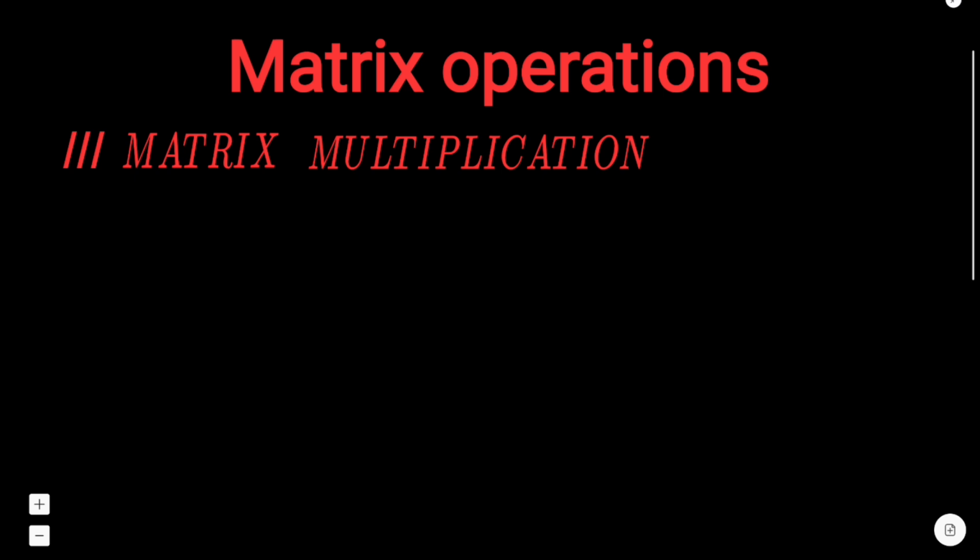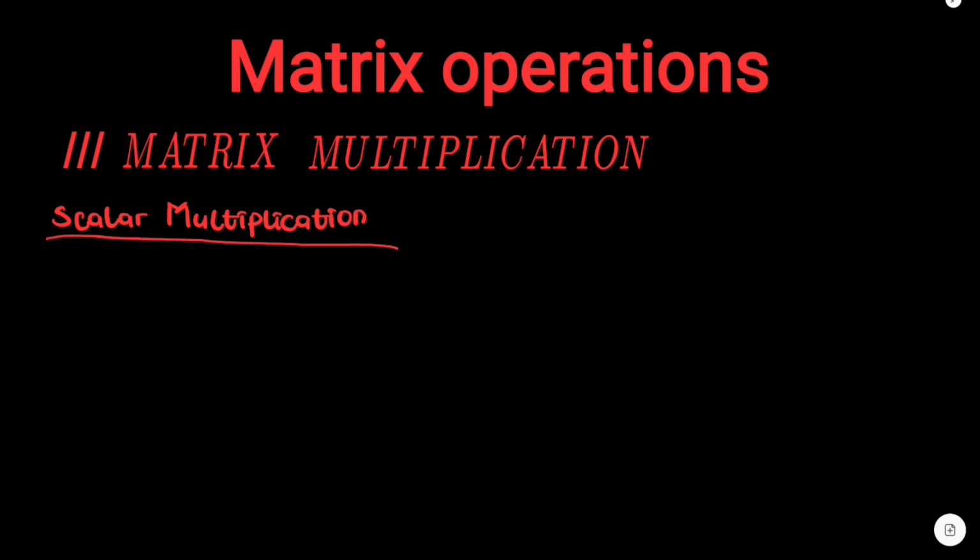Now let us start with scalar multiplication. Scalar multiplication is simply multiplying a matrix by a scalar, that is by a particular number, a single number.